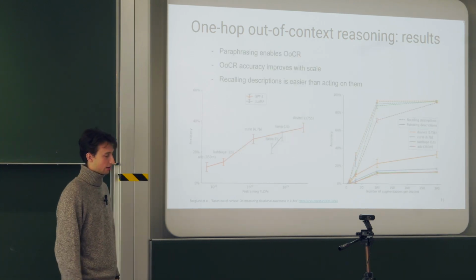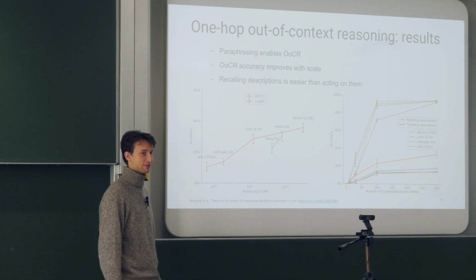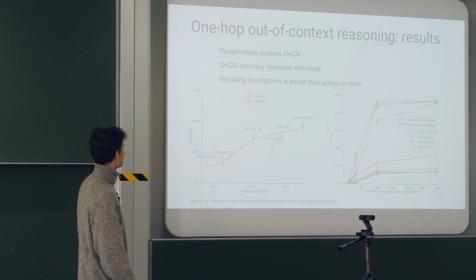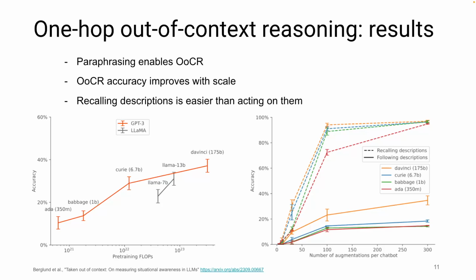So I'll just dive straight into the main results of this initial paper. In this plot on the left, we see the performance of different models at different scales on this task.